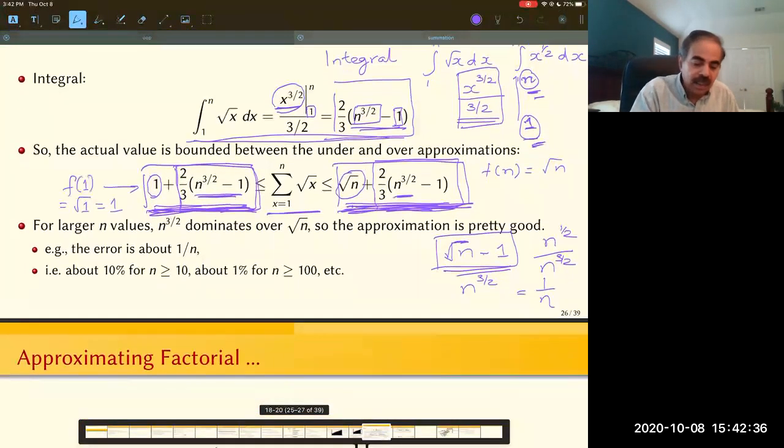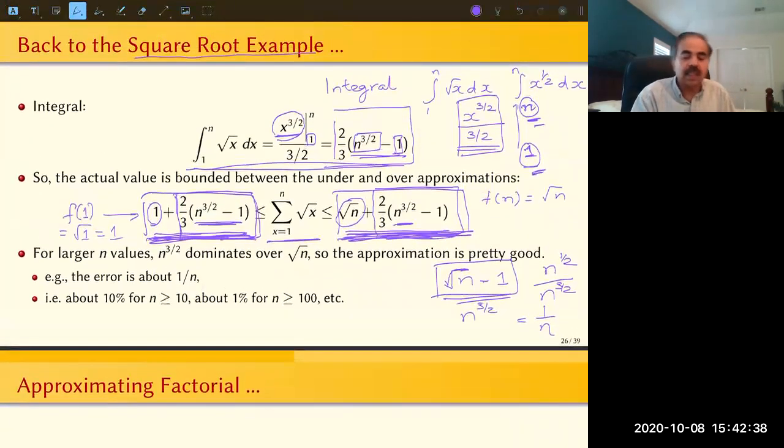Because we did this integral instead of doing the actual addition, our answer may be off by a factor of 1 by n. And you can see from that, if n is 10, 1 by n is going to be 0.1.